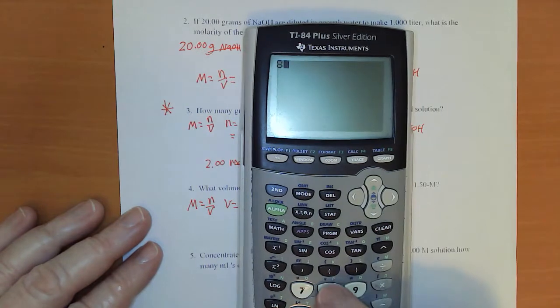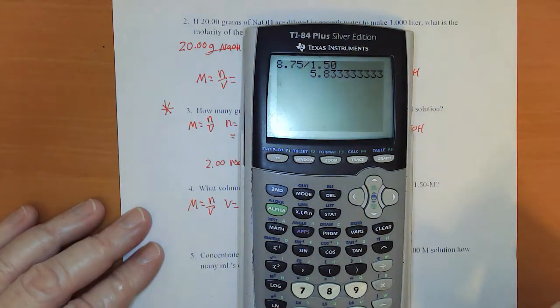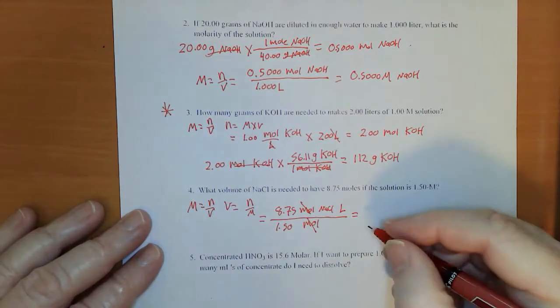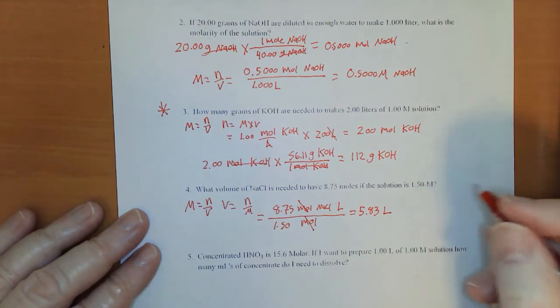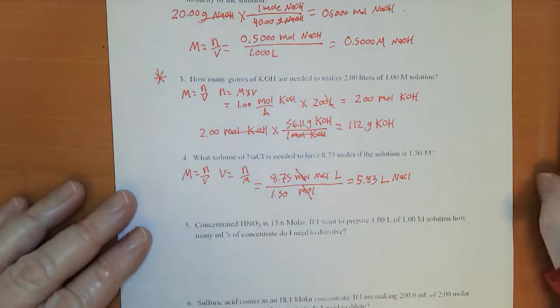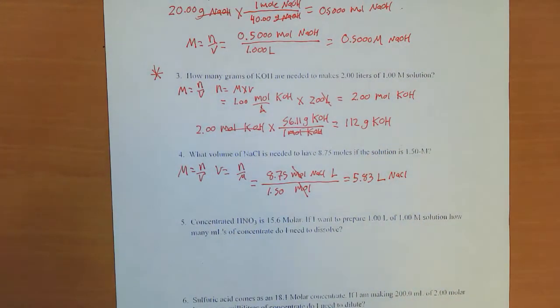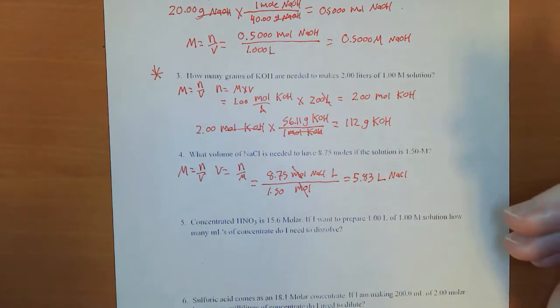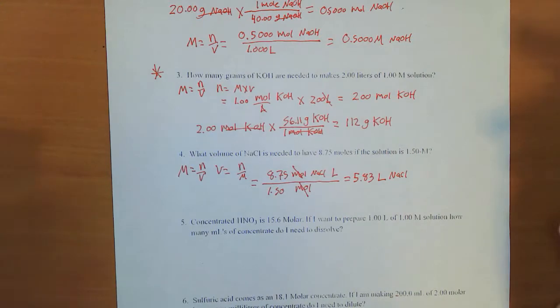Grab my calculator, 8.75 divided by 1.50, and I'm going to get 5.83 liters NaCl. Okay, so those 4 problems represent pretty much what one of these assignments could turn into, any one of those possible scenarios.